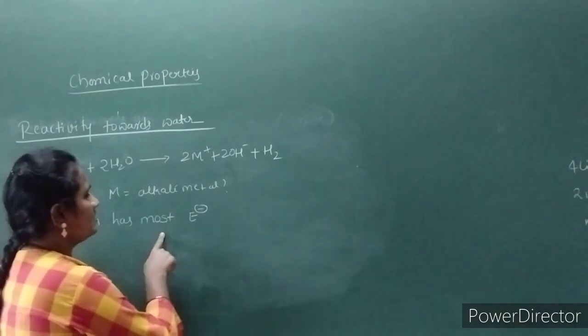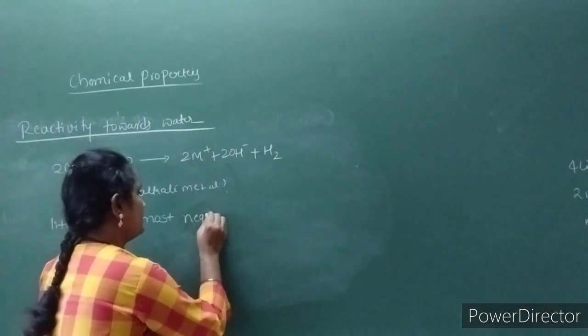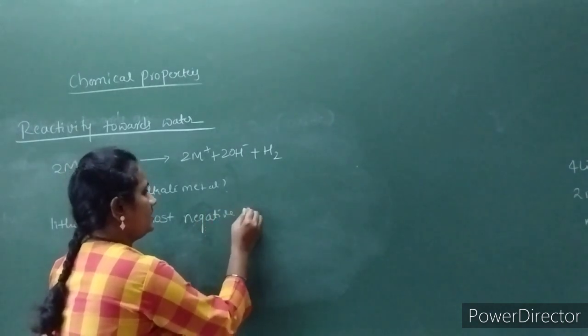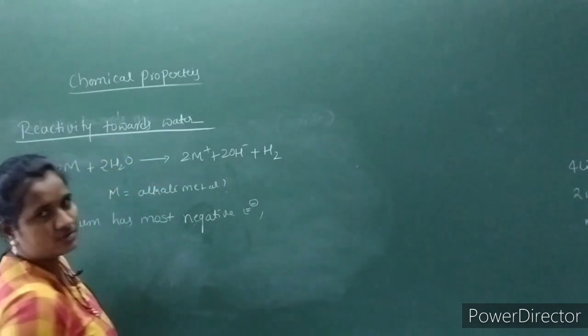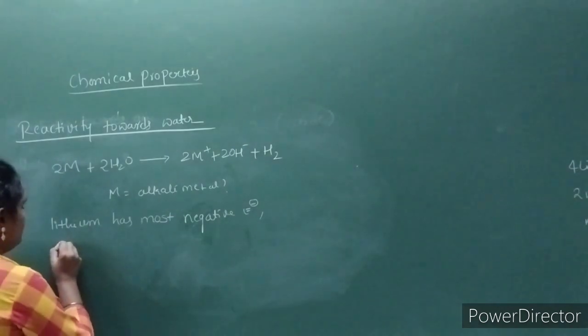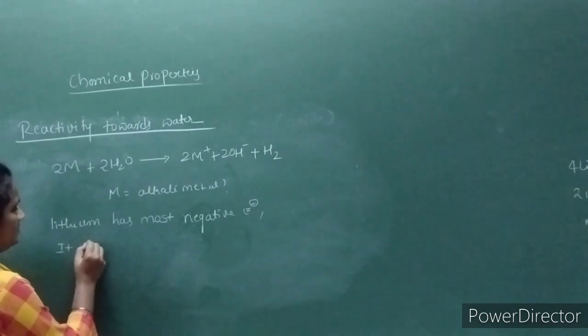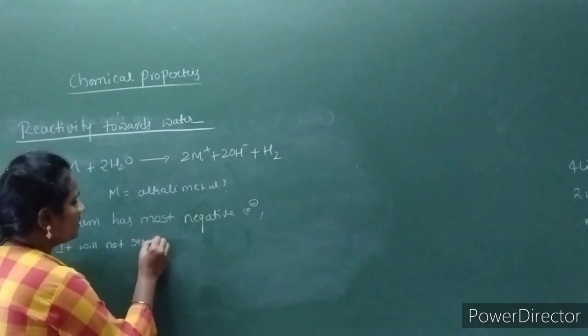So lithium has the most negative E° values, meaning potential values, and it will show lesser reactivity towards the water compared to that of sodium.